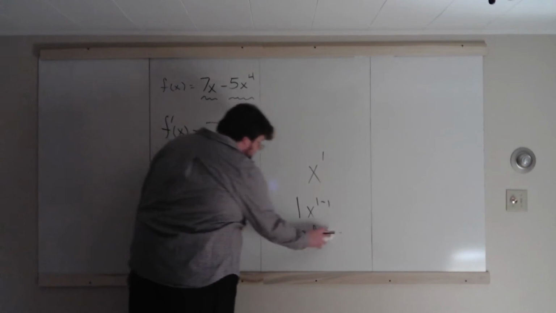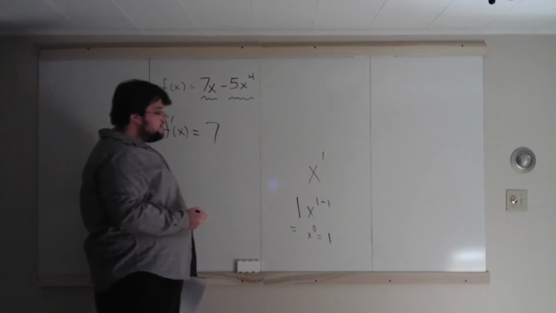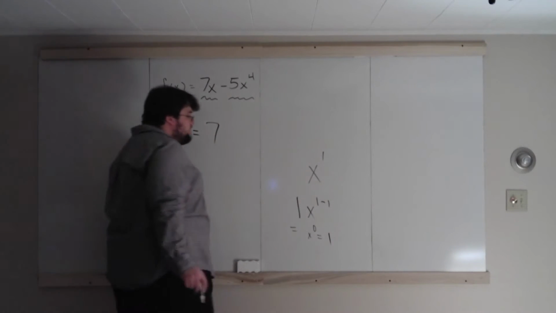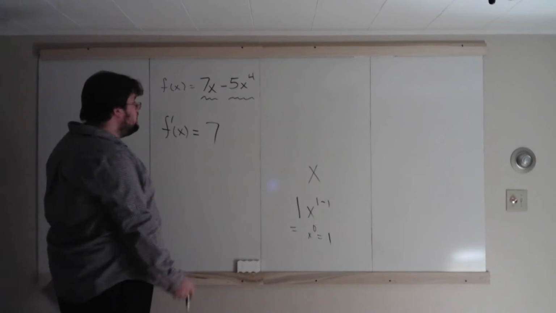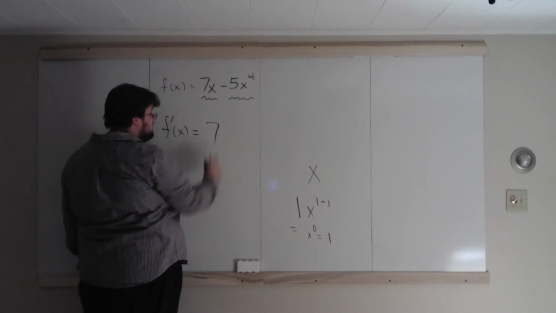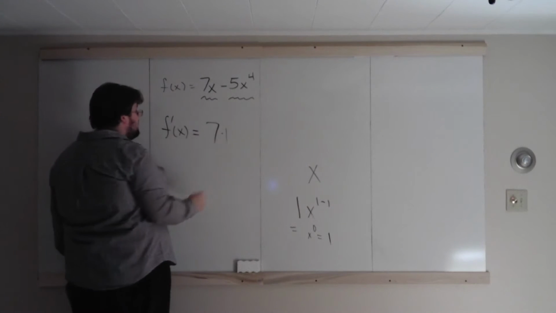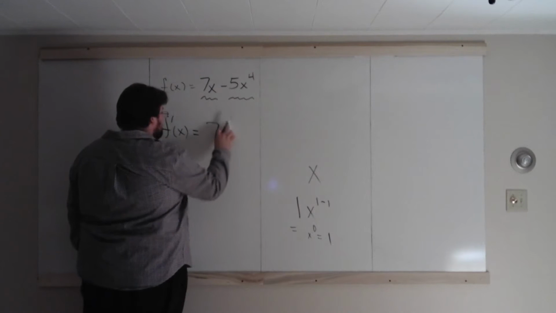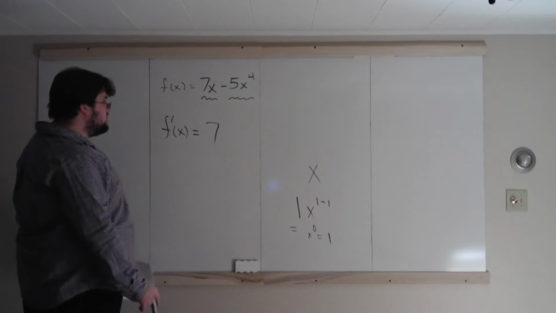That's a 1, not a 7. X to the 0 is 1. So the derivative of x, using the power rule, is 1. So the derivative of 7x is 7 times 1. Maybe I'm not going to write the times 1. Derivative of 7x is 7 times 1, which is just 7.